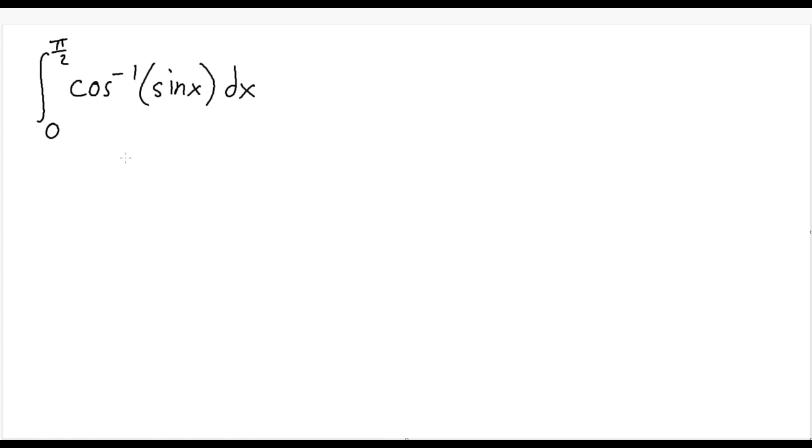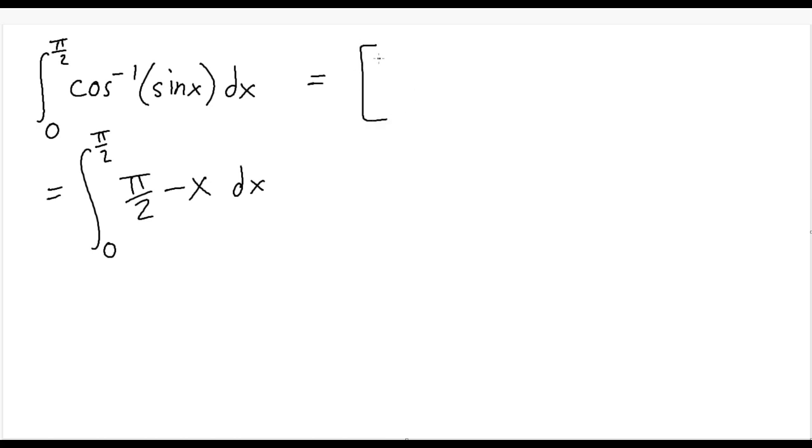Okay. So this is the integral of pi over 2 minus x dx. So now this is pi over 2, well, I mean, this is technically pi over 2 here. And then minus x squared over 2.